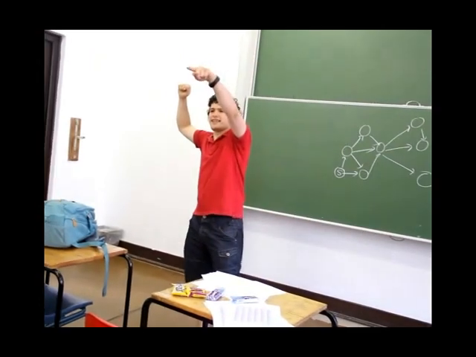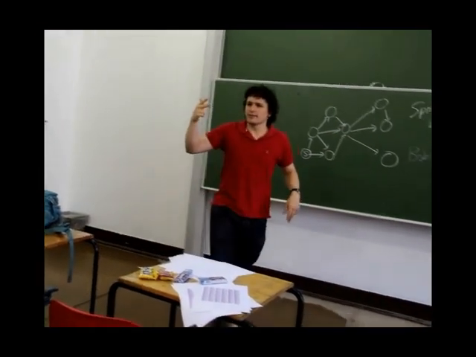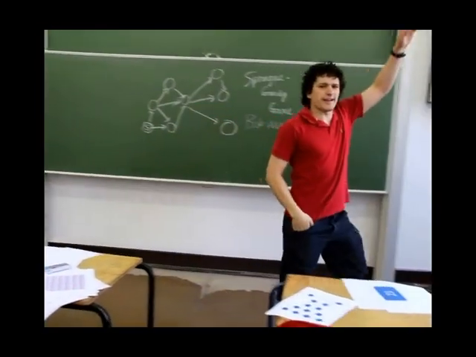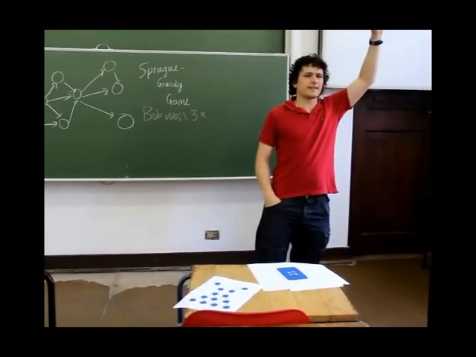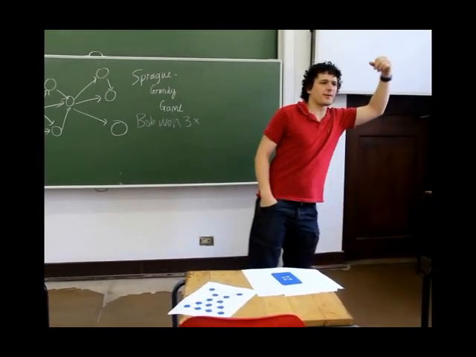By show of hands, Alice, did you win? Yeah. I was Alice. I lost 3 times. Is there a Bob who won? There's a couple of Bobs there, so quite a couple.